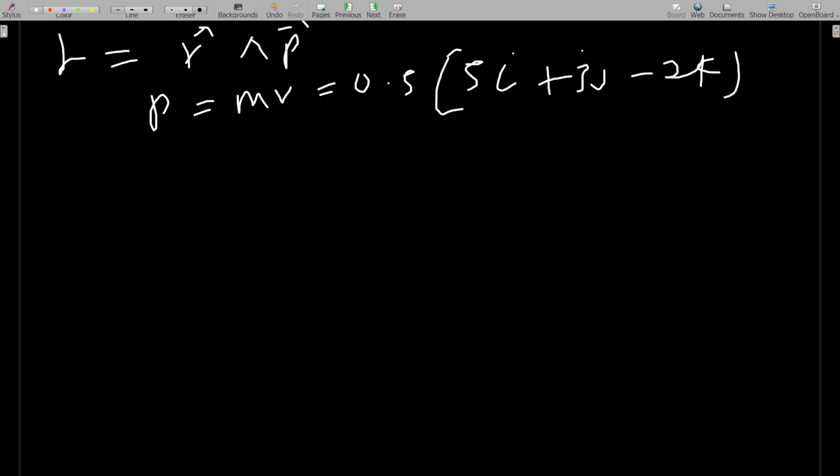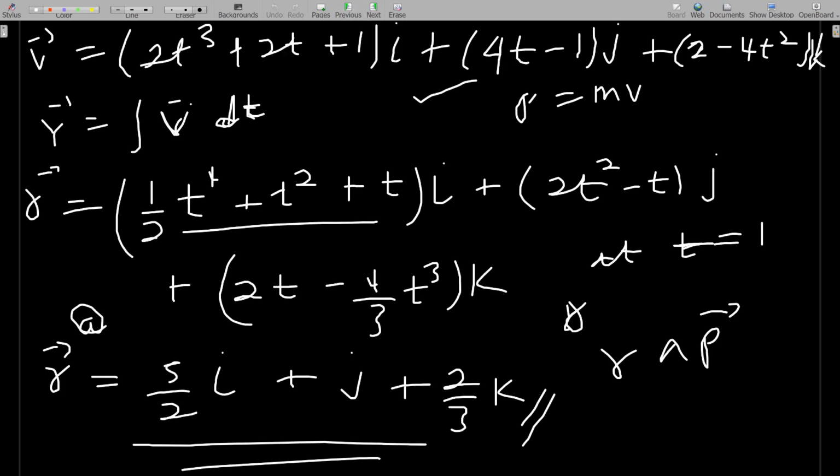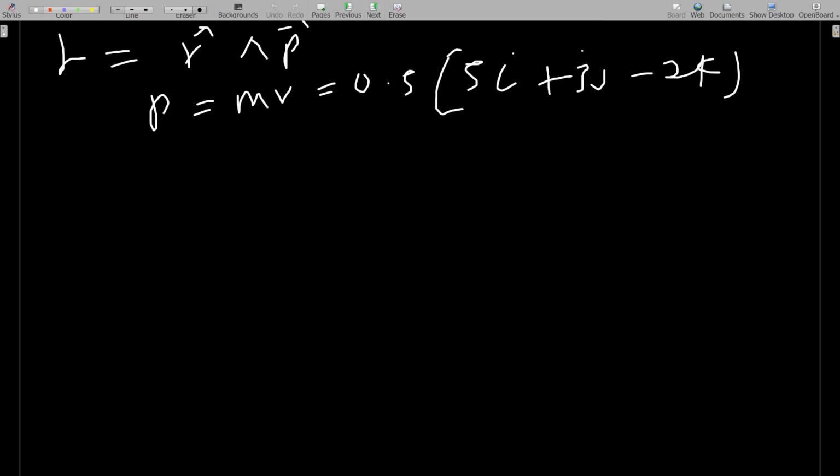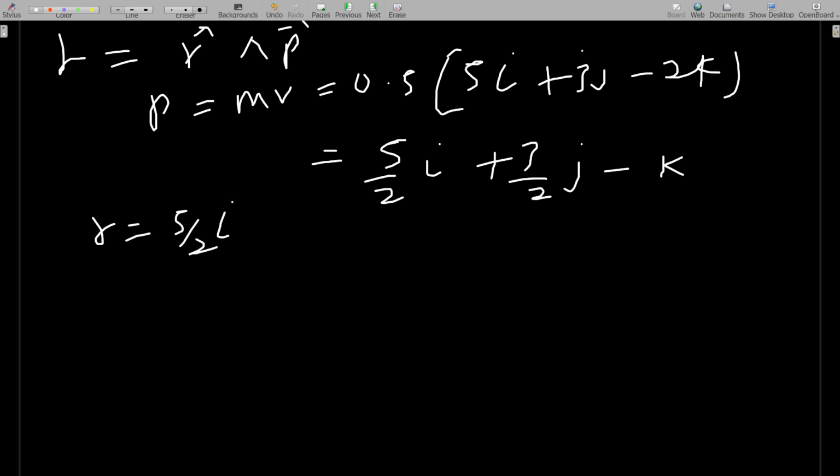You just pick your velocity vector, put in t equals 1 second, and simplify. When you finish everything, multiply through by 0.5, and you get 5 over 2 i plus 3 over 2 j minus 1 k. So just scale like that, and we know our r is equal to 5 over 2 i plus j plus 2 over 3 k.